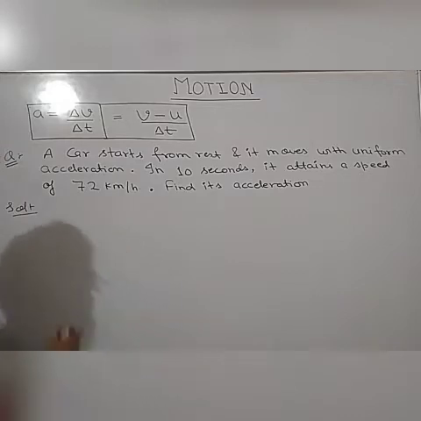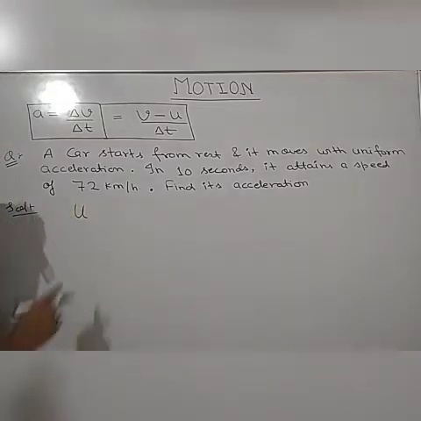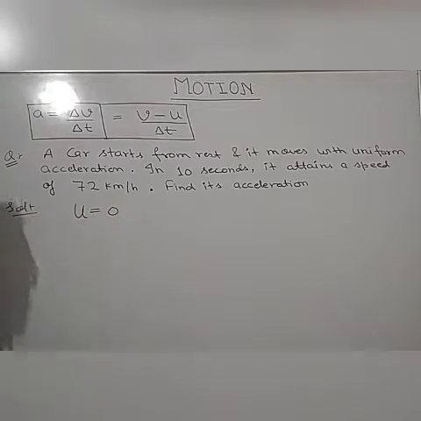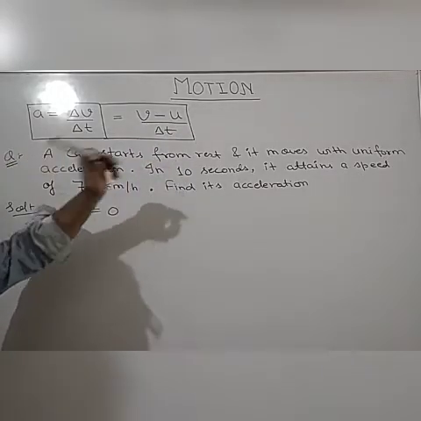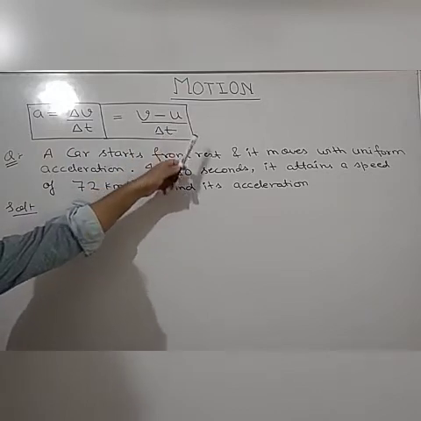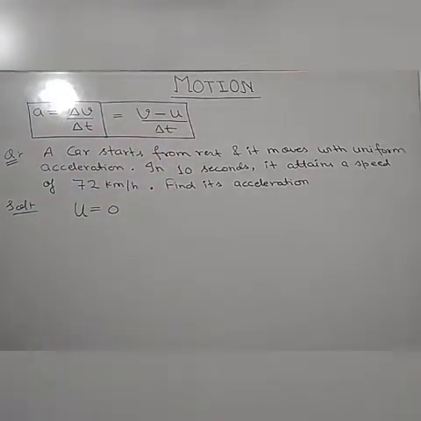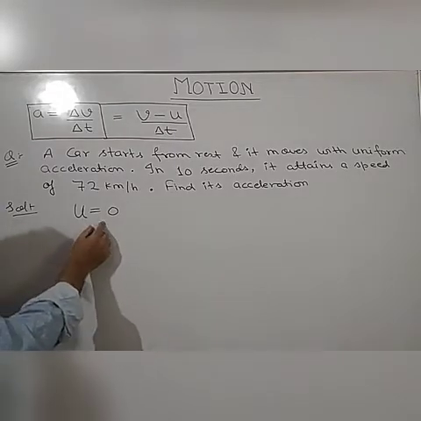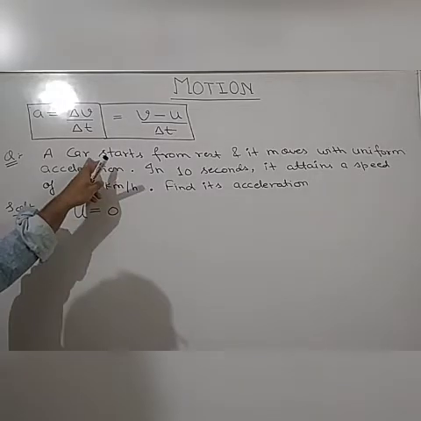It means the initial velocity or the initial speed, which we denote by the symbol u, will be equal to 0. You have to remember the formula v minus u upon delta t. What is u? u is initial velocity and v is final velocity. At the instant when we start observing the motion, it was at rest.